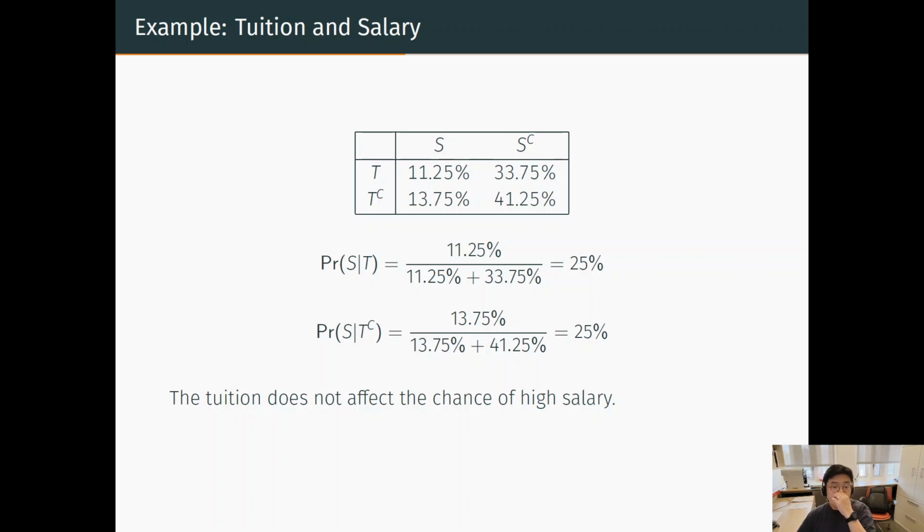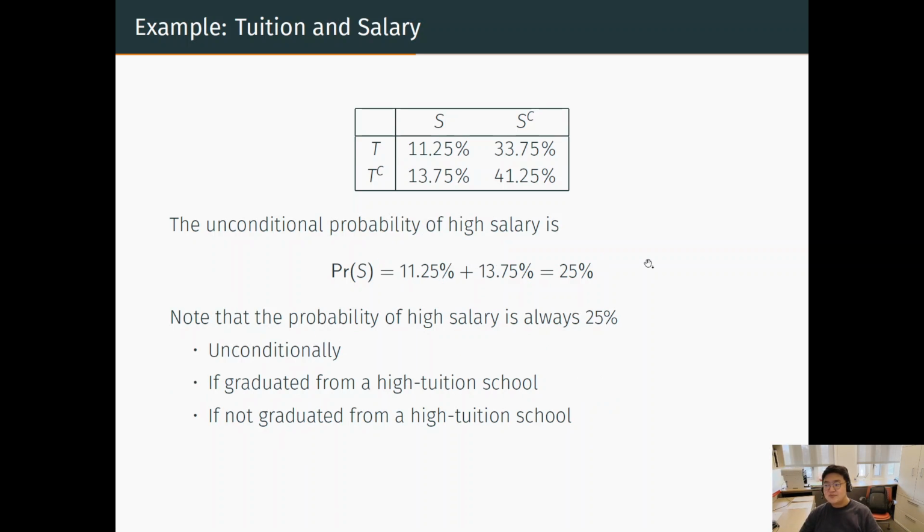If you do the math, you get the same probability. This implies that no matter where you graduate, the chance of high salary is the same, according to this hypothetical data. I'm not sure if it's true in reality, but at least in this numerical example, you get the same probability. Now we will think about this interesting special case.